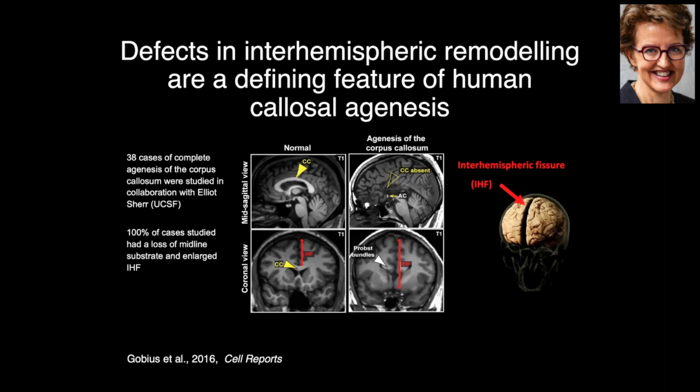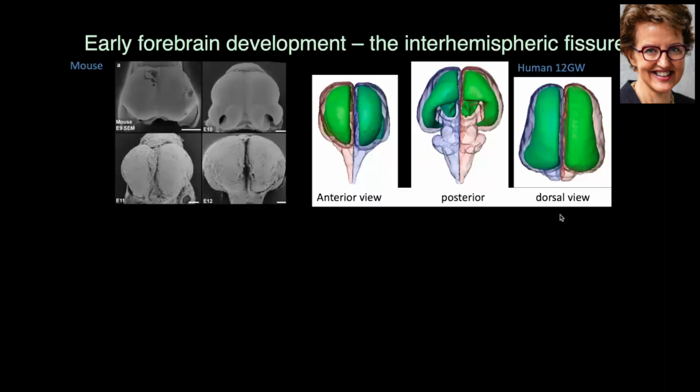So what happens during development that somehow changes this interhemispheric fissure to allow the corpus callosum to form?